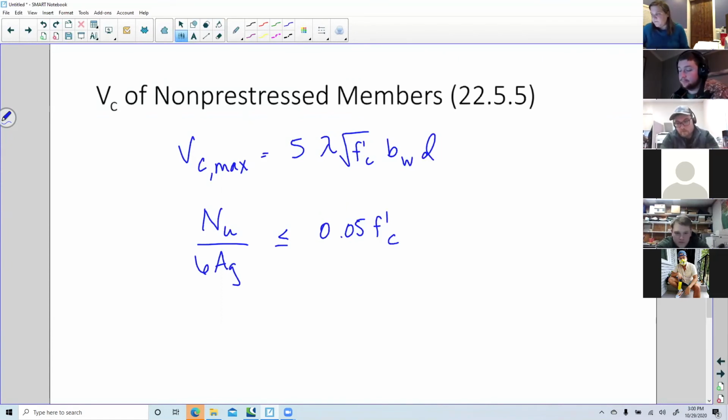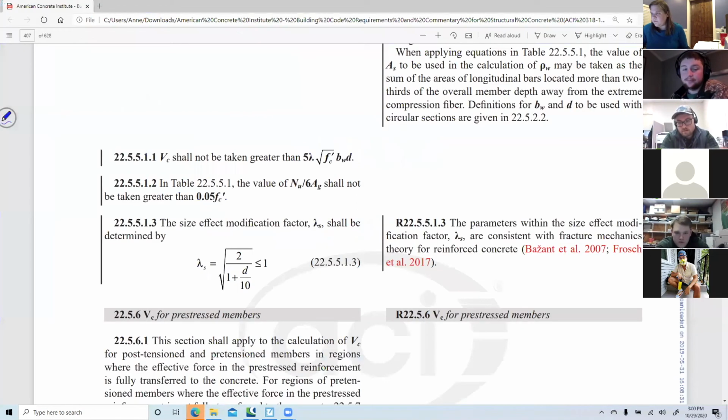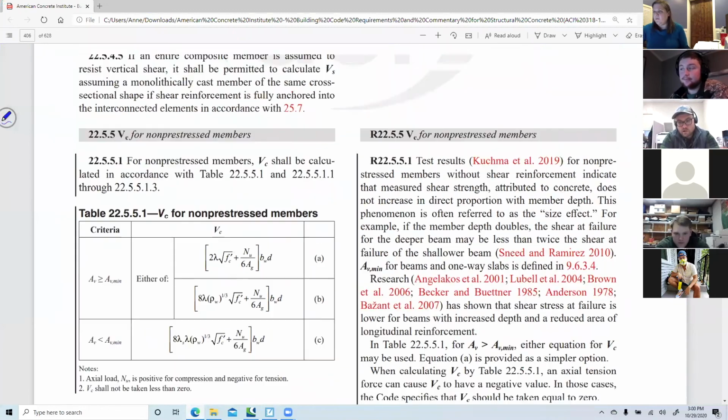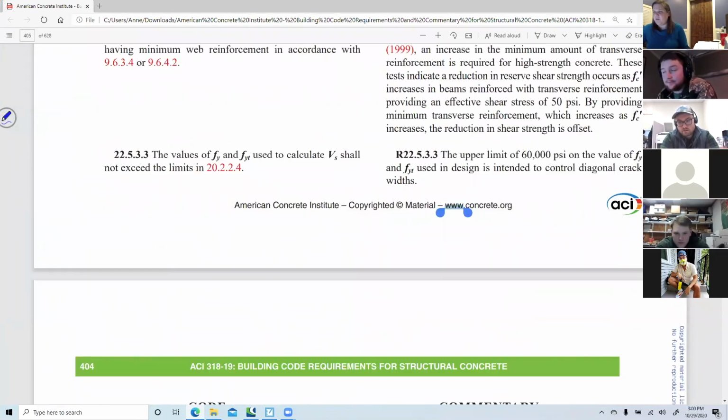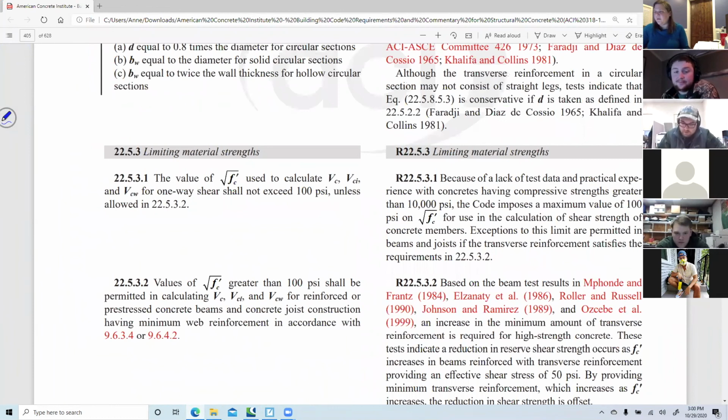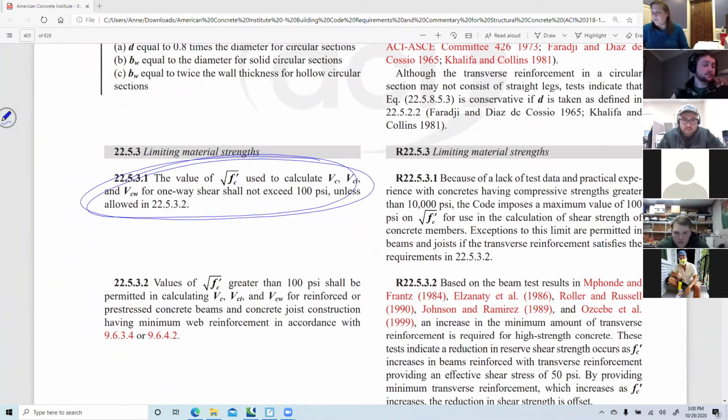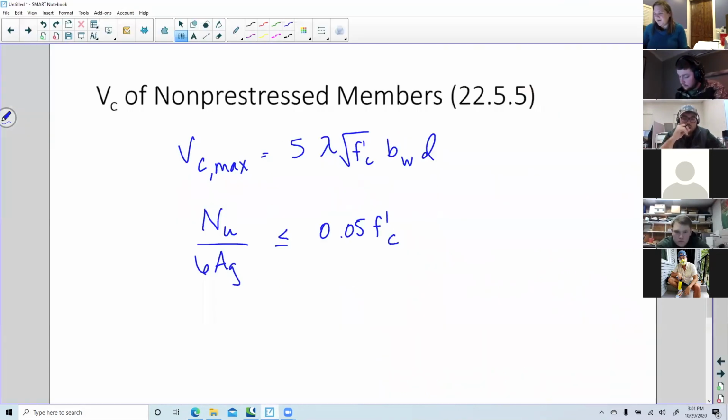And also, if we go back to 25.3, that square root can't be greater than 100 psi. But that means you have 10,000 psi concrete, which is not likely. But just in case you do, don't account for it.